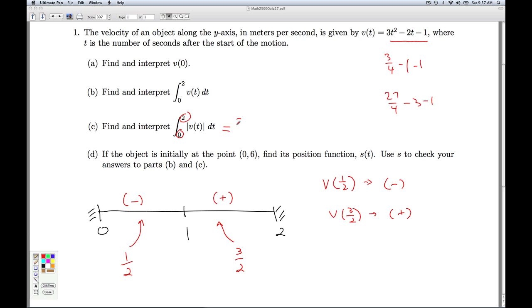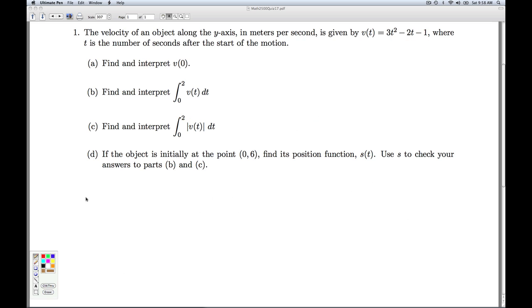I can do that using the additive interval property. I can go from 0 to 1 of the function and then add to that the integral from 1 to 2. Okay, so what have we learned here? We've learned that the absolute value of 3t squared minus 2t minus 1 is going to be what?